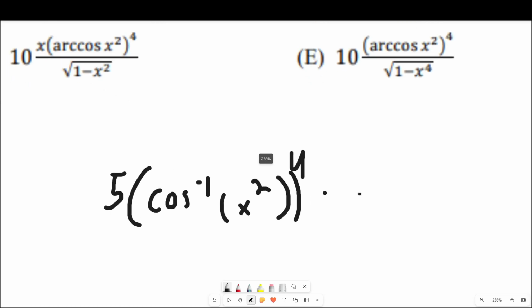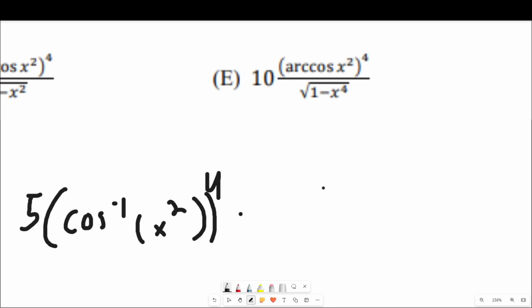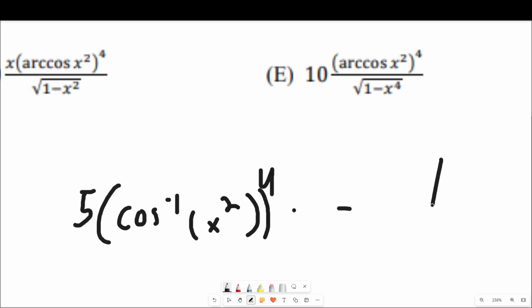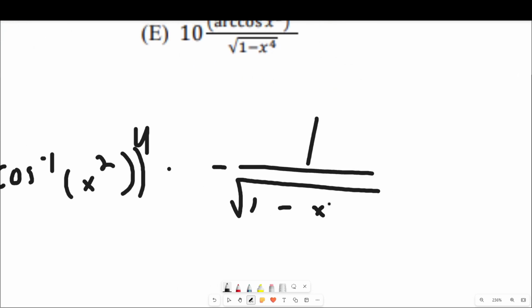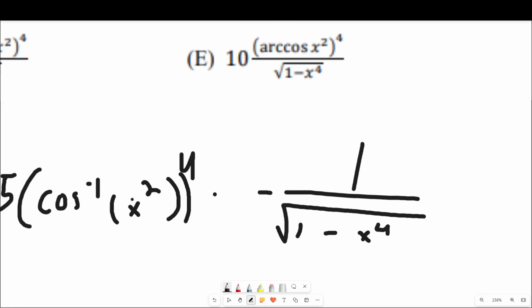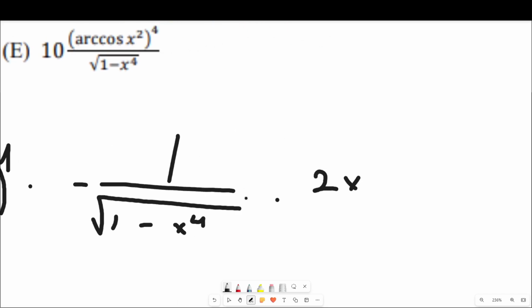So times negative sine, or excuse me, we got to take the derivative of the inverse of cosine. So that's going to be times 1 over square root of 1 minus x to the 4th, right? And then we got to take the derivative of x squared because that's our final inner function, so times 2x.